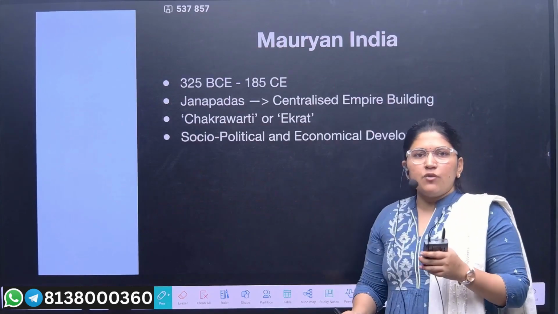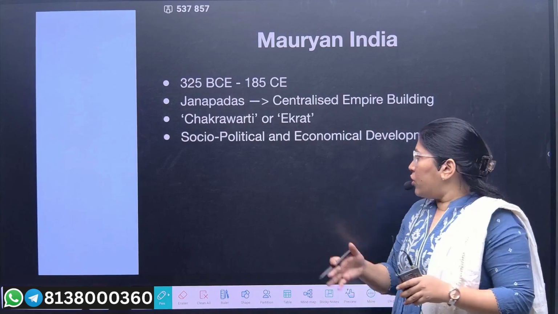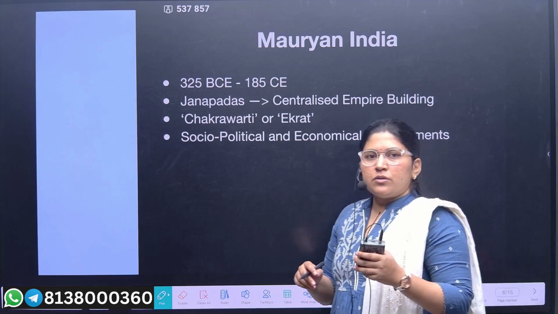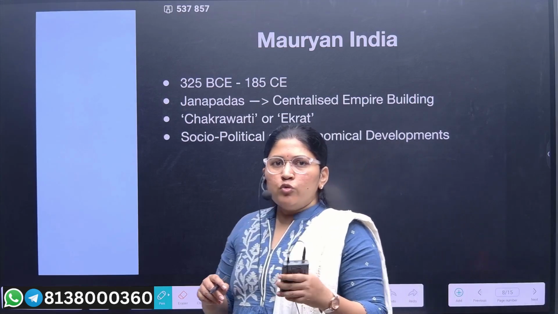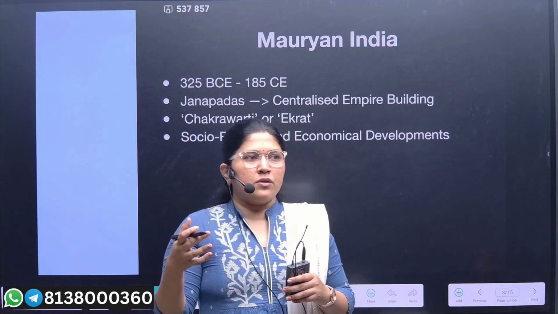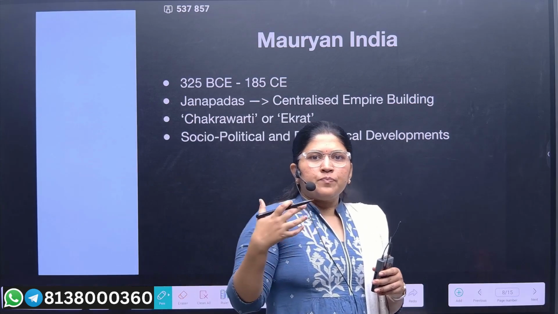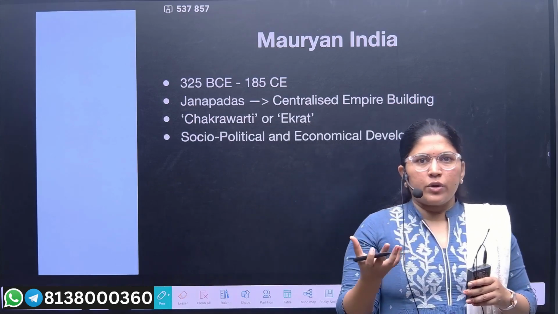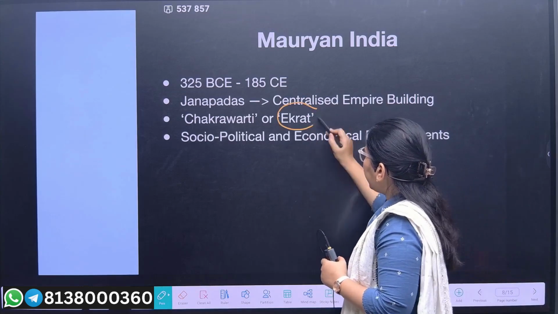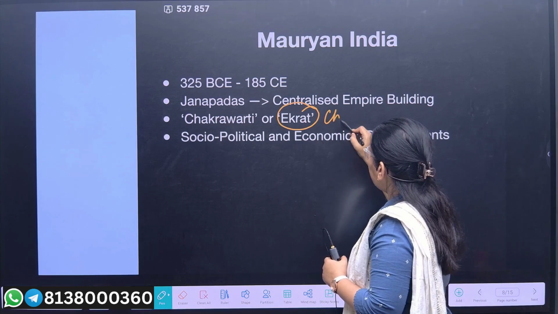And here the king was called the Ekrat or the Chakravarti. That is why the kings who would be given the title of Chakravarti, if you look at the local sources or the local texts, you will see the Ekrat Ashoka or the Ekrat Chandragupta.